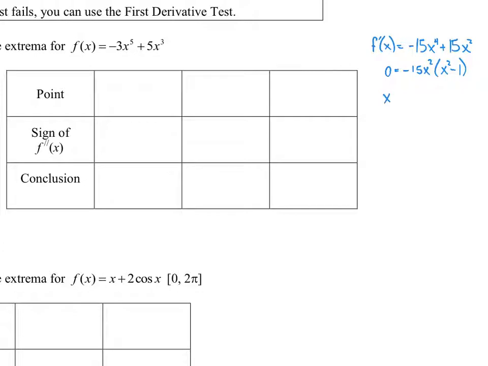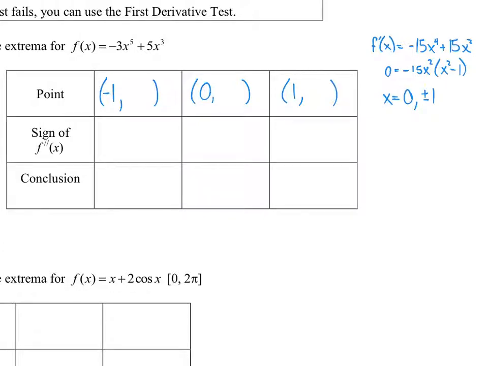So what does x equal here? 0 and plus or minus 1. Okay? So, that tells me there are 3 points that come as a result of having these 3 critical numbers.